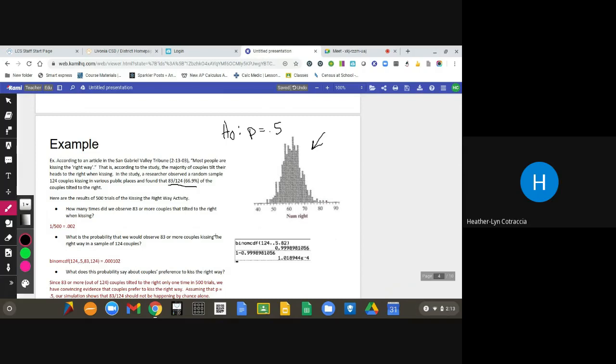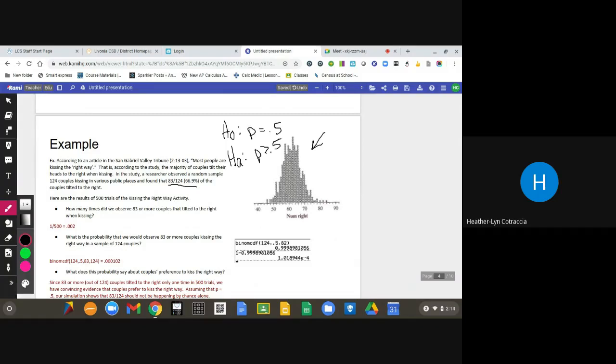If there is a preference, then my alternative would say P would be greater than 0.5, because that means that people do prefer to tilt their head in a certain way. And P here would represent the proportion of couples who tilt their head to the right. Okay, so each dot represents a coin flip, and then this is what that coin flip looks like.